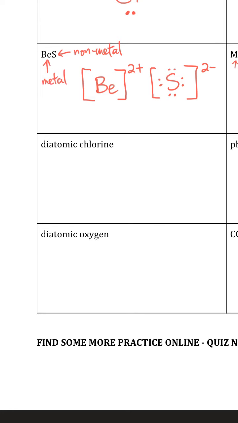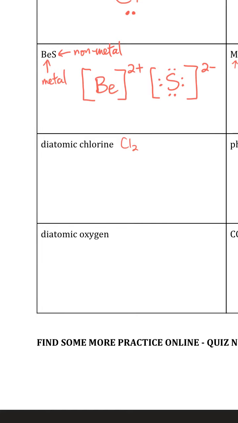Chlorine is one of them. So diatomic chlorine means chlorine exists as Cl2 in nature, which is a gas. Because it's a nonmetal with itself, this would be a covalent compound.